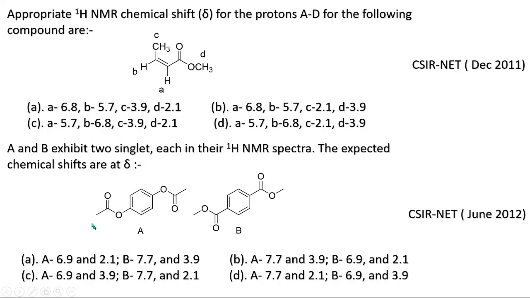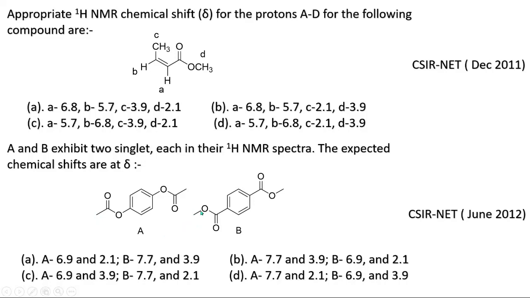Now come to these protons. This CH3 is attached to the carbonyl group and this CH3 is attached to oxygen. Because of the electronegative oxygen atom, this will be less shielded and have the higher value, and the other will be more shielded and have the lower value, because those protons are shielded compared to this proton.